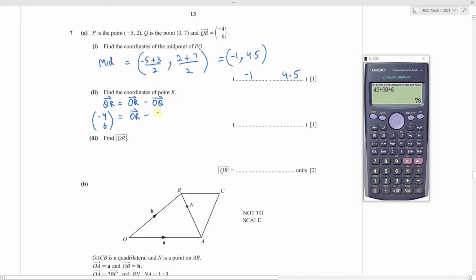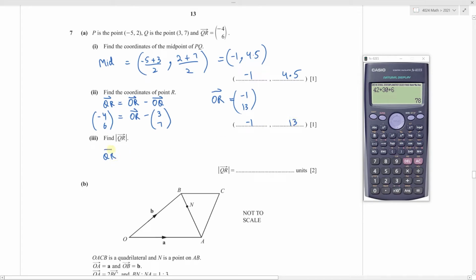OQ is 3 and 7. So this will give you OR. If I take this to the other side, this will be plus. So -4 plus 3 will be -1. And 6 plus 7 would be 13. So position vector OR is -1, 13. So coordinates of R are -1 and 13.